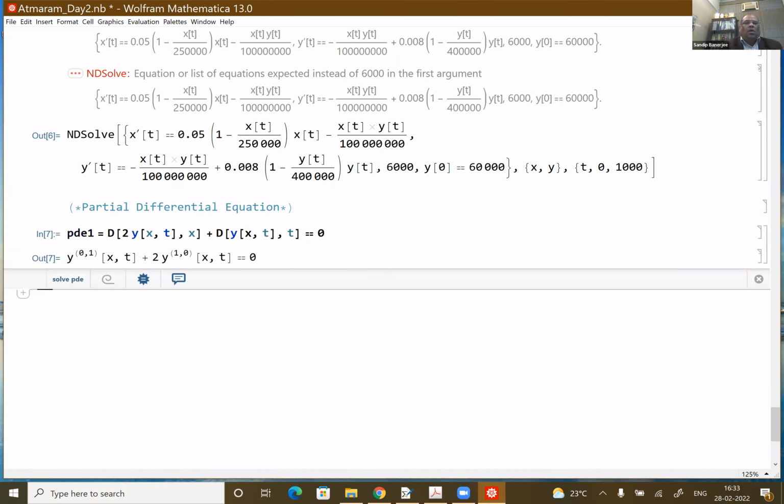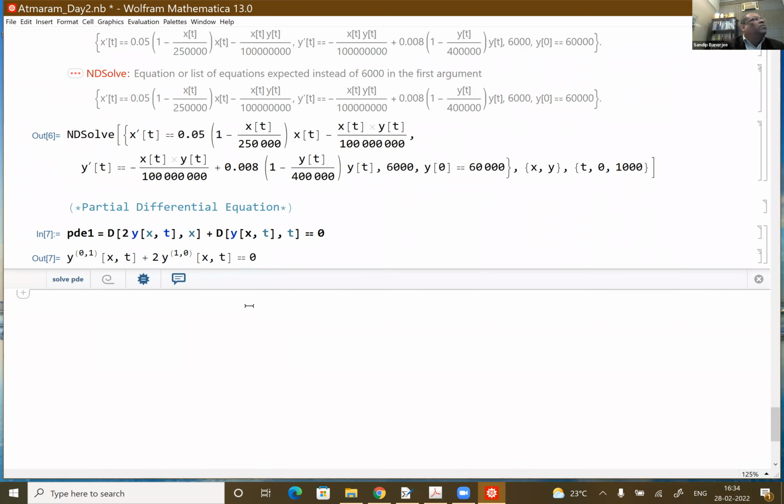The meaning of this is, y is a function of x and t. So y[0,1] means del y del t, and y[1,0] means del y del x. So basically your equation is del y del t plus 2 times del y del x equal to 0. And you have to solve.